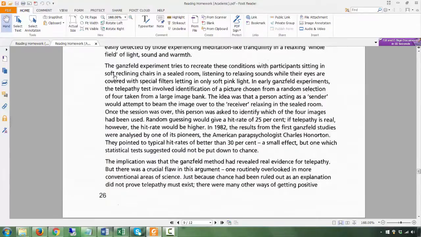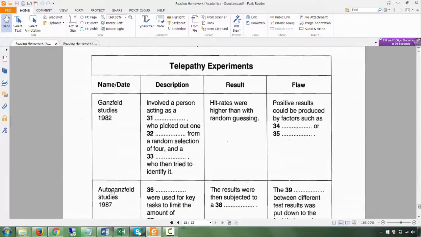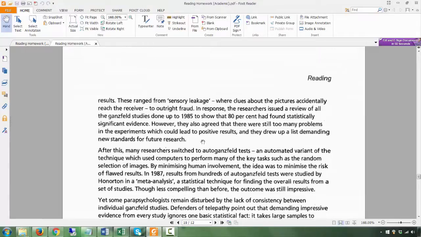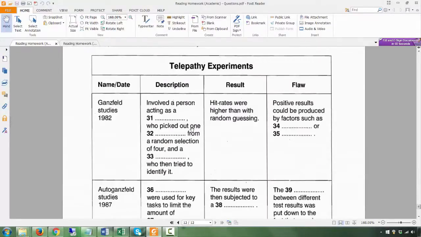Around here, the Ganzfeld studies, the answers are up to here, pretty much. Then after that, you have the Otto Ganzfeld studies, which come from here onwards. So it's around that same portion, and as I mentioned, normally it's in order, not always, but at least it's in the same location.